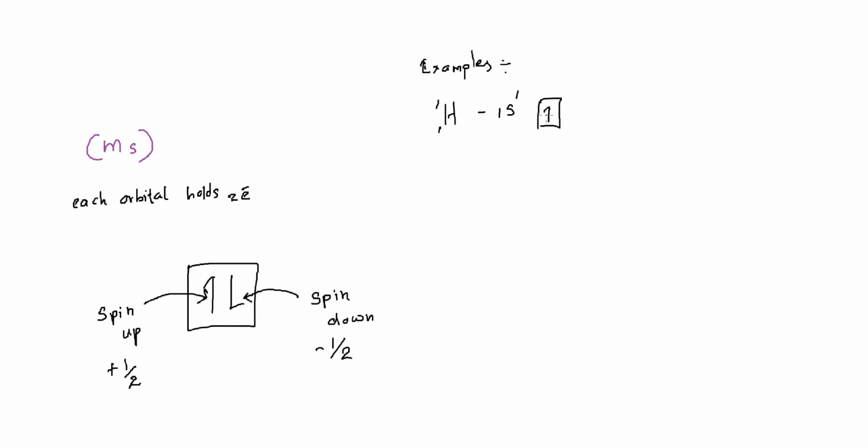This principle ensures that no 2 electrons in an atom have identical sets of quantum numbers. For example, look at the complete set of quantum numbers for the only electron in hydrogen.